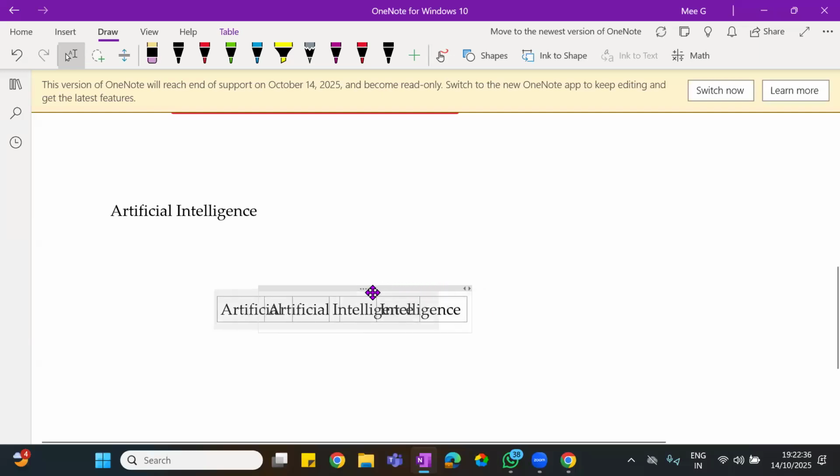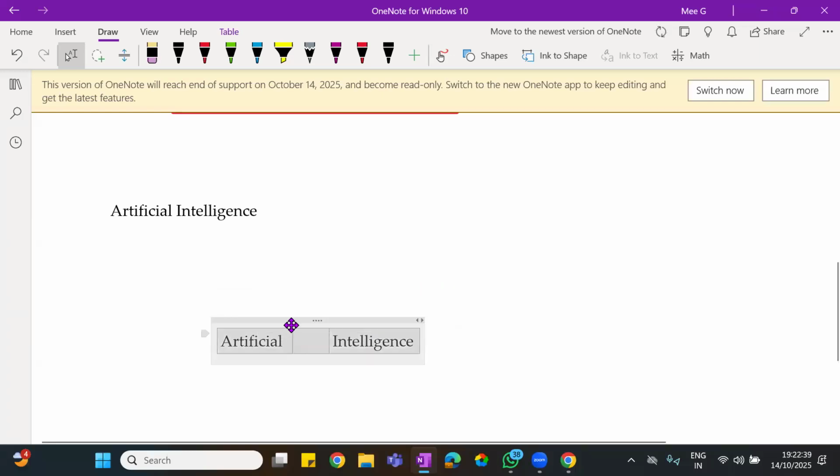Now, intelligence is nothing but expertise or getting in-depth knowledge in any particular sector or on any particular object. That's what we call intelligence.